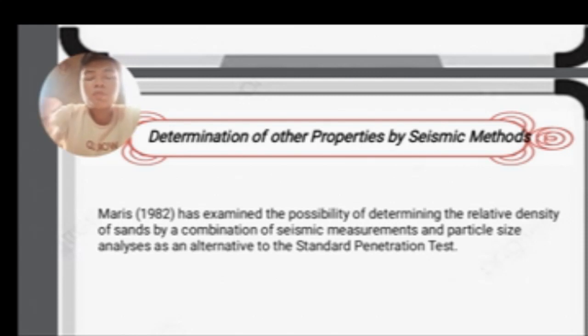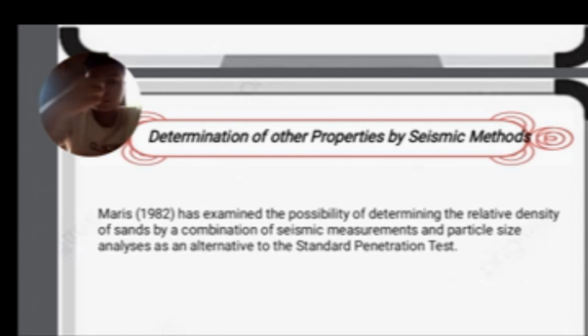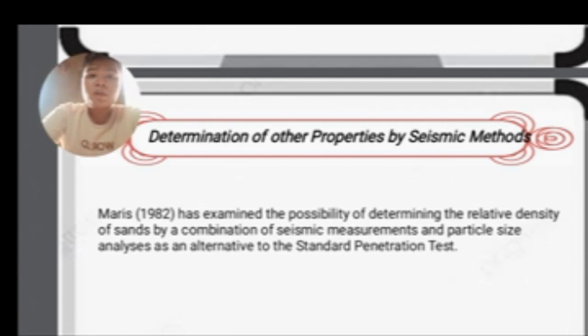So it is also possible that seismic measurements combined with other tests of a simple nature may give the opportunity to determine other, more complex parameters, like the study of Maris in 1982, which examined the possibility of determining the relative density of sands by a combination of seismic measurements and particle size analysis as an alternative to the standard penetration test.